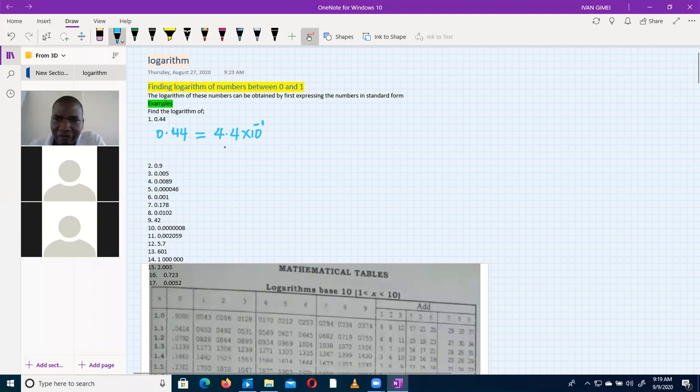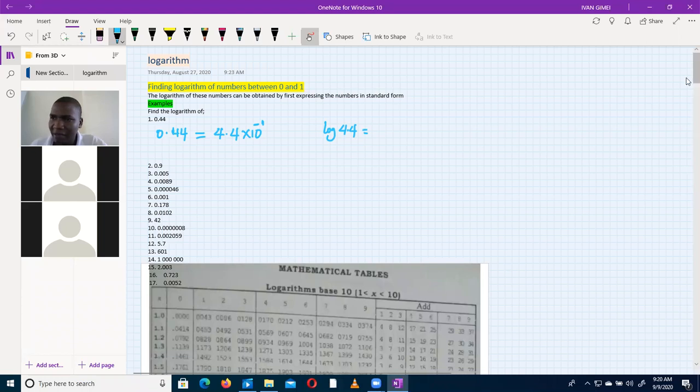So you notice that this 4.4 is between 1 and 10. So you can get the logarithm of this from our mathematical tables. So this 4.4, what's the log of 4.4 from our table? How do we find it? Can somebody tell us how we find this?